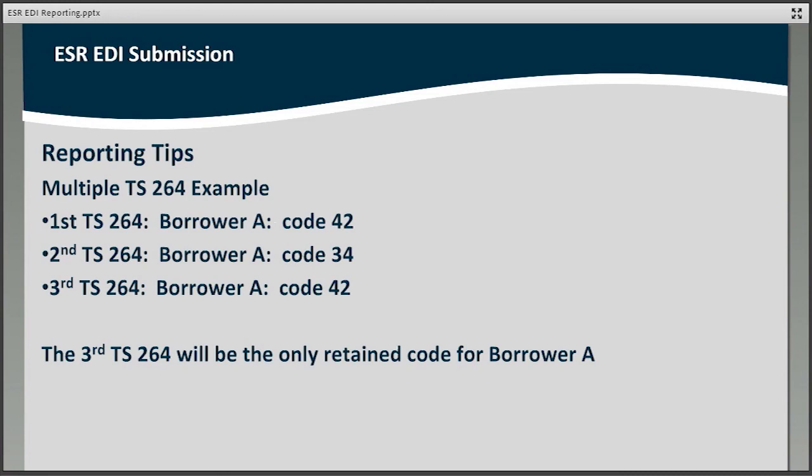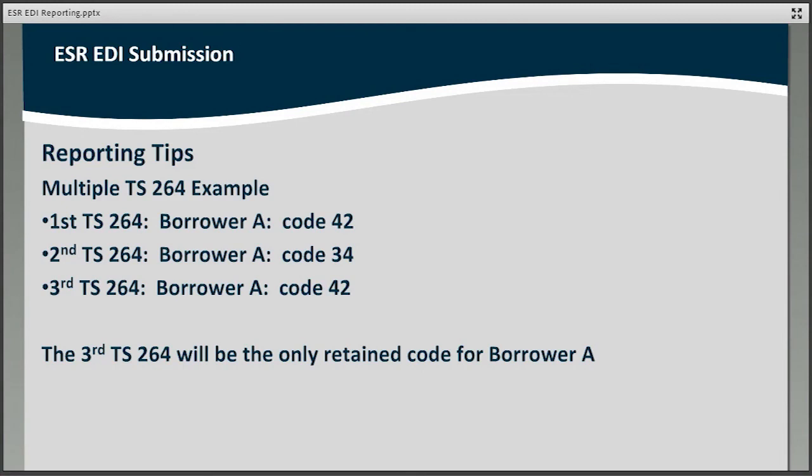This is an example of submitting multiple TS-264s to USDA with the same borrower included on each transaction set. In the first report submitted, borrower A was coded as 42 for delinquent. In the second TS-264, borrower A was entered as a 34 for a natural disaster. And in the final TS-264, borrower A was back to 42 for delinquent.